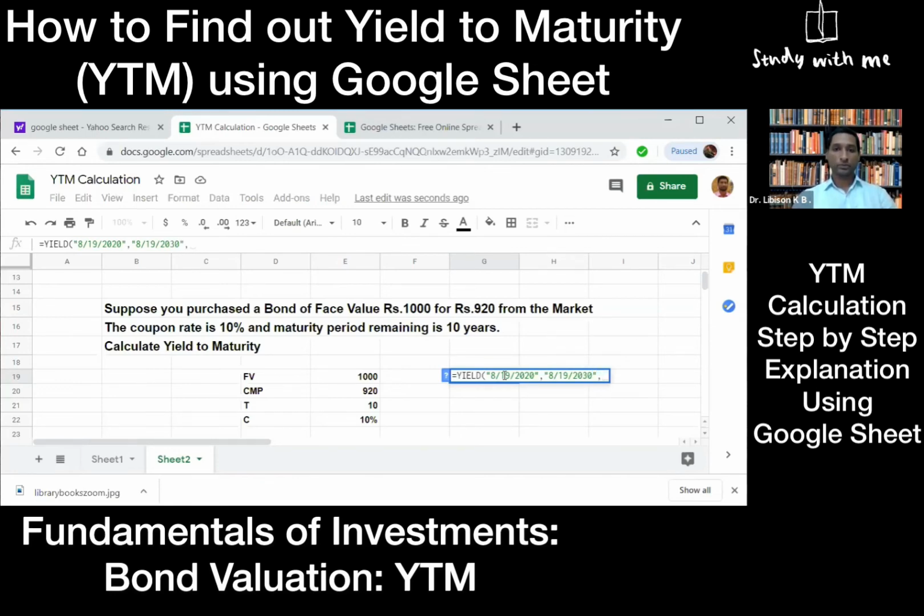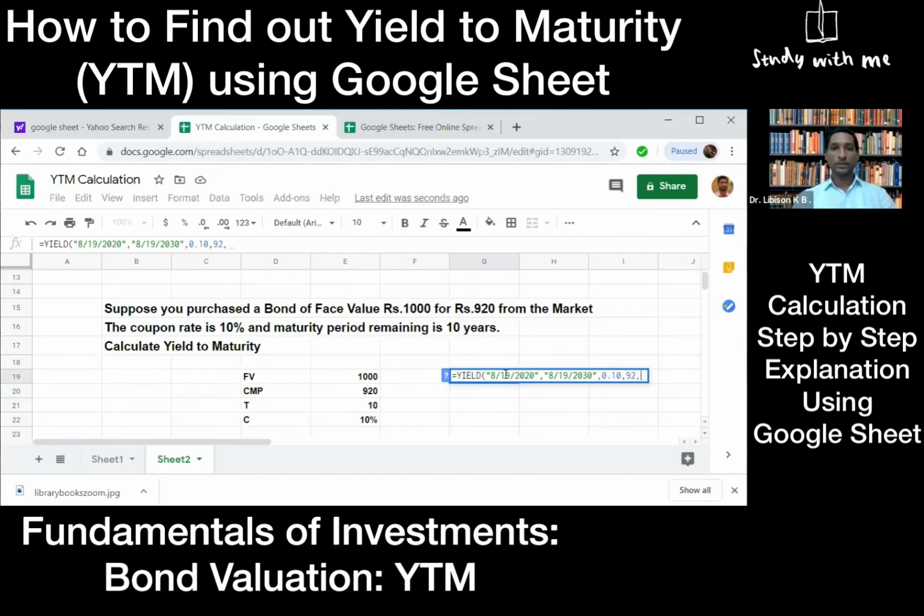comma, coupon rate is 10%, so 0.10, comma, price, current market price is 920. As I said before, it takes in terms of 100, so we type 92 instead of 920.